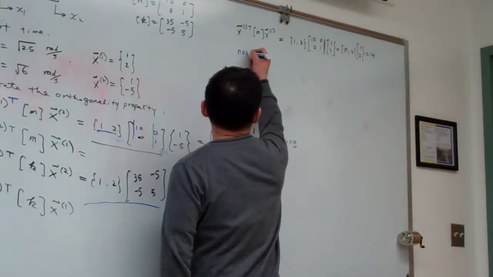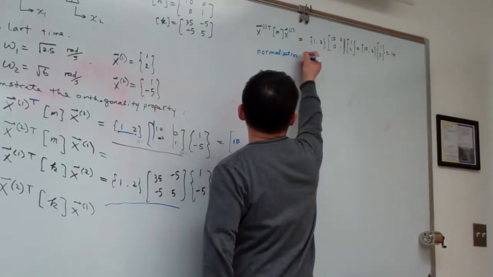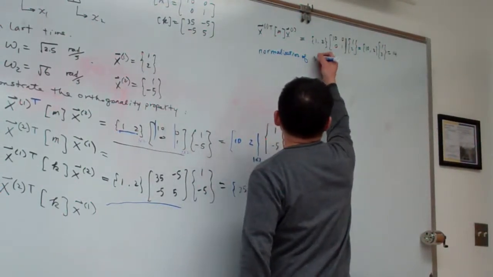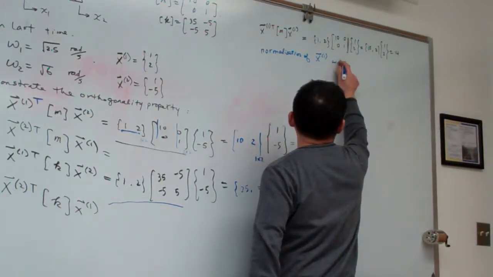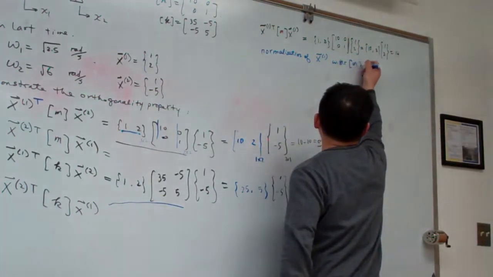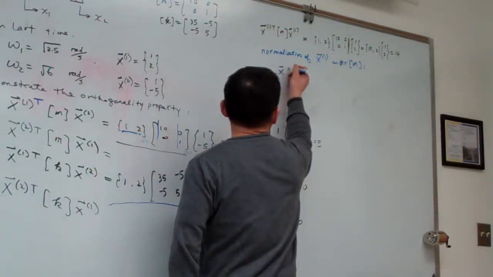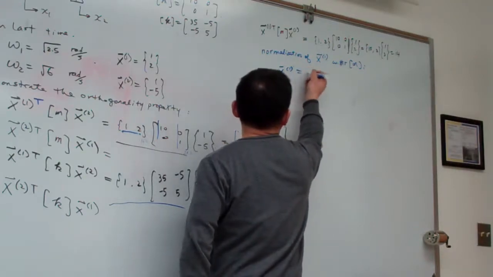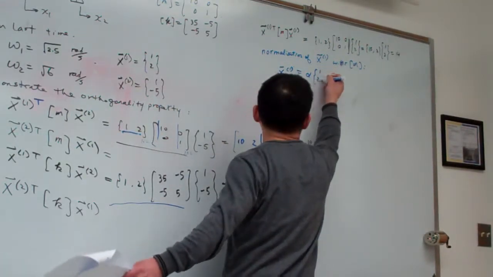So here we want to talk about the normalization of the modal vectors with respect to m. Okay, so basically that one is this. We let x1 equal to any constant, let me call it alpha, times 1, 2.